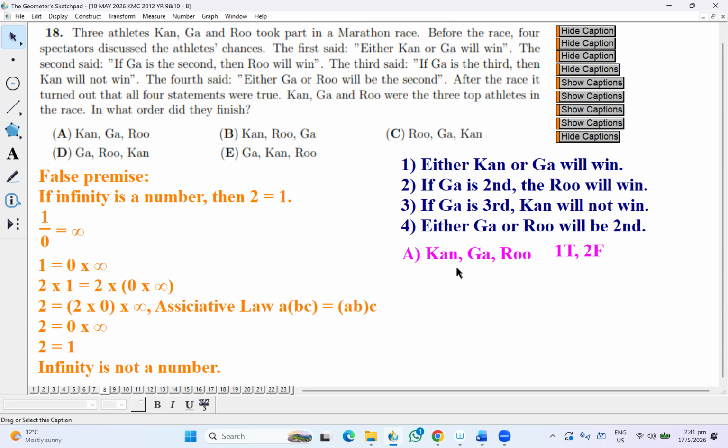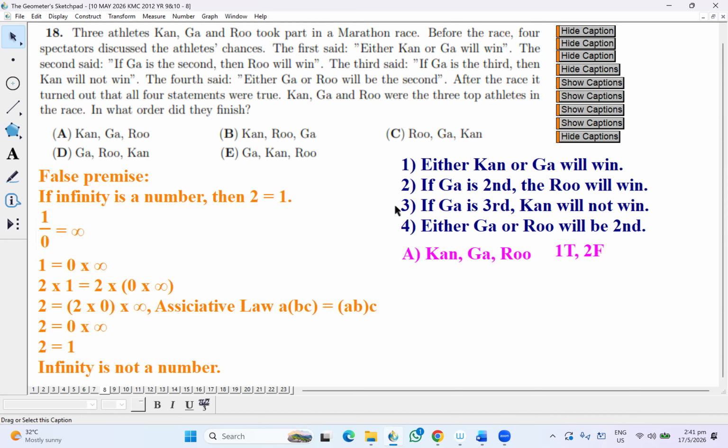True, Kang wins. Second statement, if Ga is second, Ru will win. False. If Ga is second, Kang wins, so how can it be true? You say Ru will win if Ga is second, but Ru is third. So that's false.